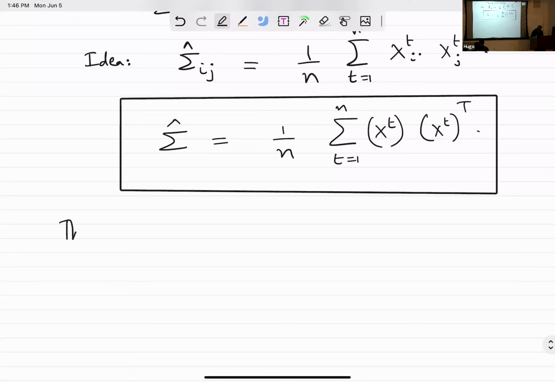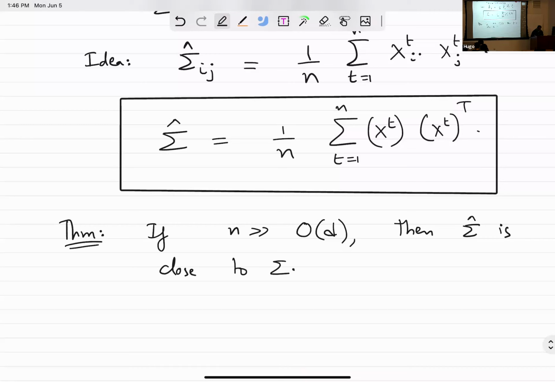And there is a theorem which says that if n is much more than d, then sigma hat is close to sigma. If I have a linear number of samples, I can estimate Gaussian distributions extremely well.